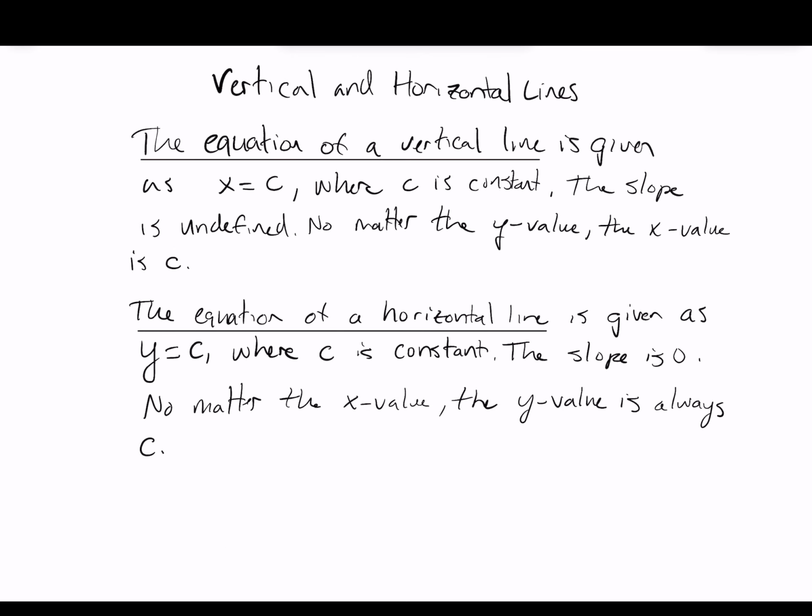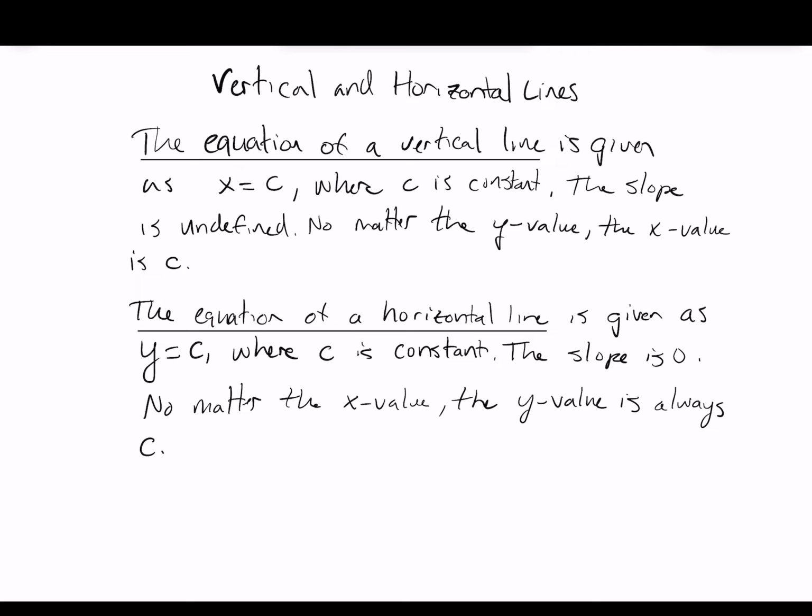Let's talk briefly about vertical and horizontal lines. The equation of a vertical line going up and down is given as x equals c, where c is constant. The slope of a vertical line is undefined. Why is it undefined? It's undefined because the difference in the x values is 0, and in our slope formula, that causes division by 0. So the slope is undefined.